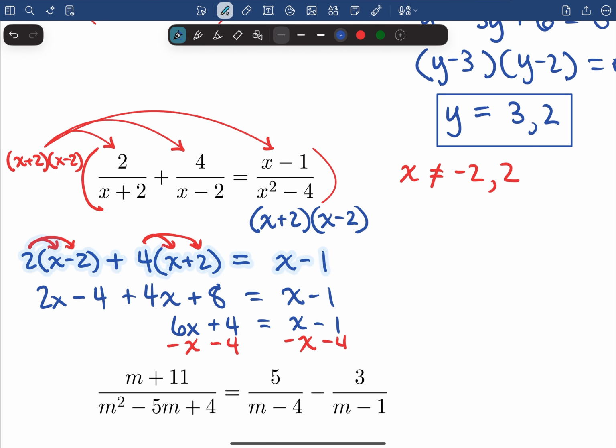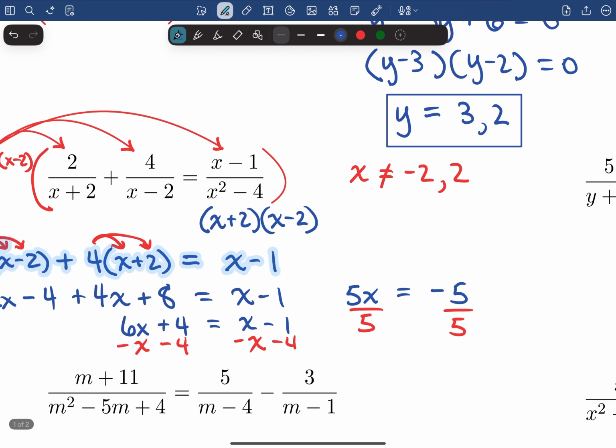And 6x minus 1x is 5x, and negative 1 minus 4 is negative 5, and I'm now going to divide by 5, like this, and I find out that x is equal to negative 1. Negative 5 divided by 5 is negative 1.